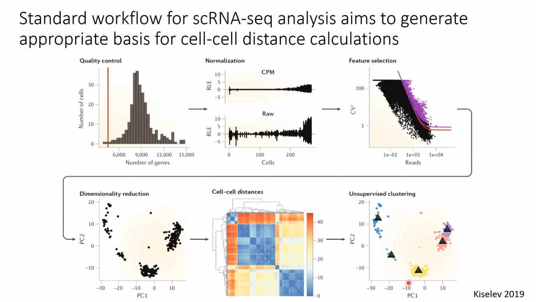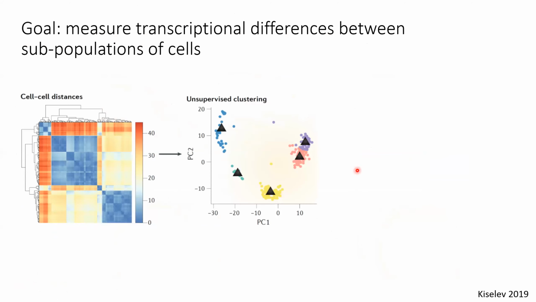Okay, today we're going to talk about cell type clustering and the quantitative comparison of different groups. So this is the final goal of many single-cell RNA sequencing studies. Like I've said, all of the prior steps serve to create the cell-by-cell distance matrix, which aims to best represent what we think are the major factors that contribute to differences between cell types.